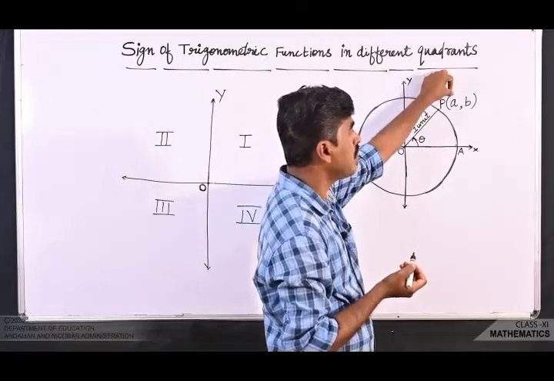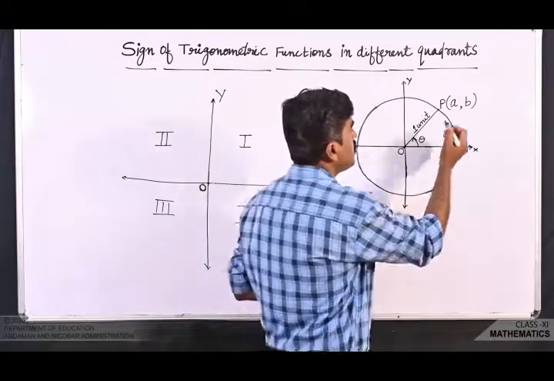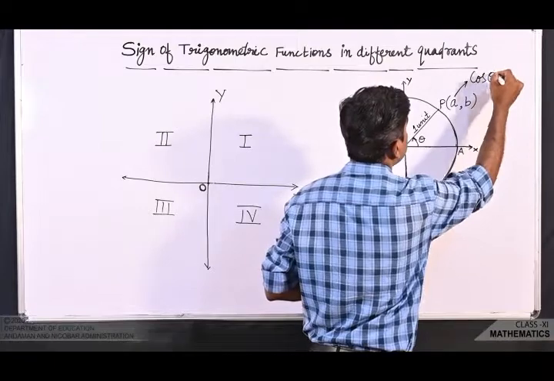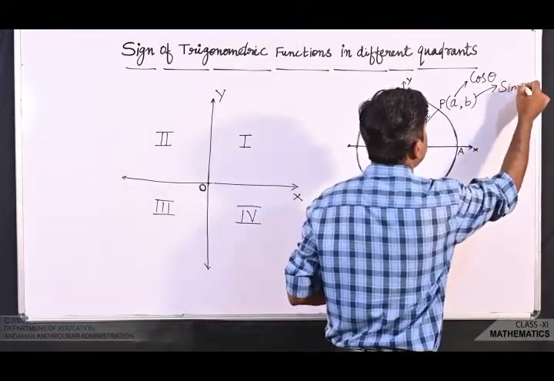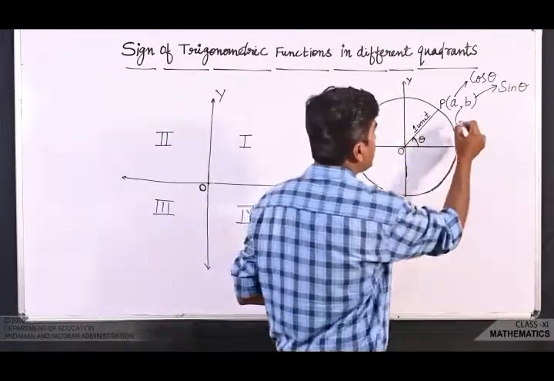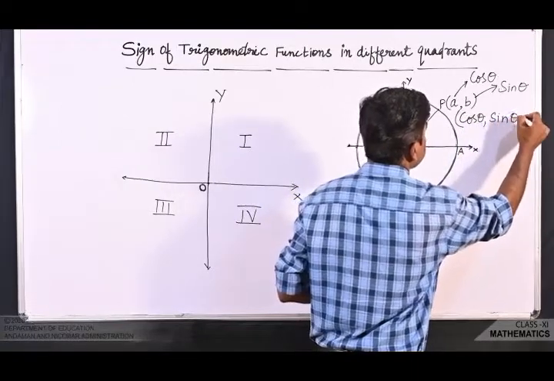The coordinates of the point P are A, B. I told you A is the cosine of angle theta and B is equal to the sine of angle theta. So the coordinates of P can be represented as cos theta, sin theta.